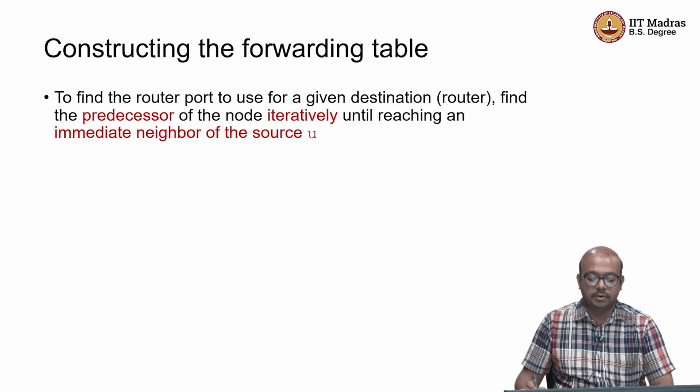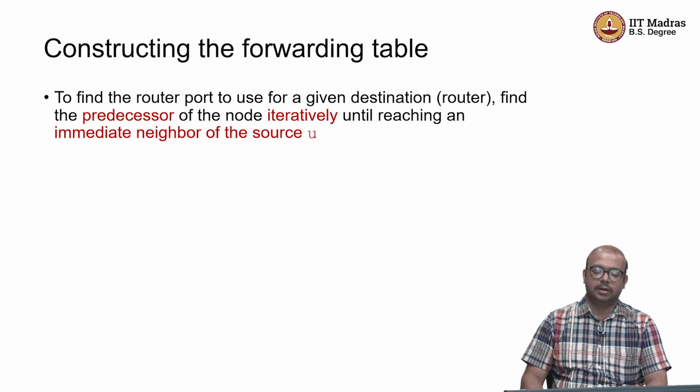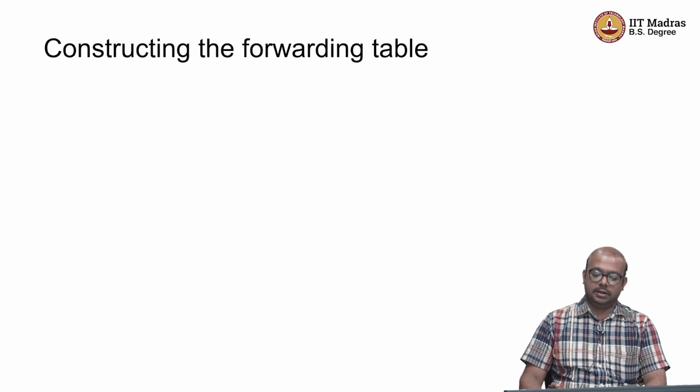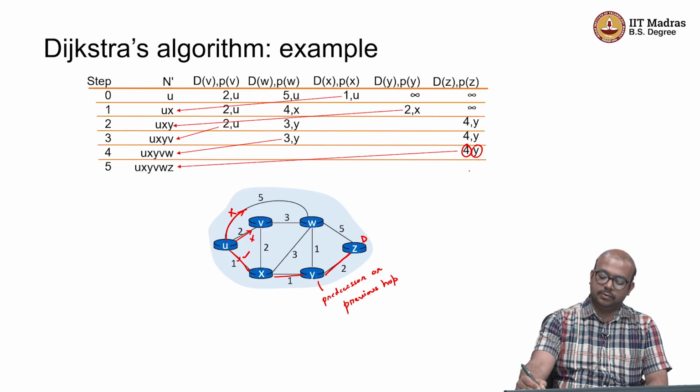To find the router port to use for a given destination, find the predecessor of the node iteratively until reaching the immediate node of the source u. So, I am going to tell you what exactly is going to happen. To reach z, your predecessor node is y, right. So, you know that to reach z, you have to come from y.